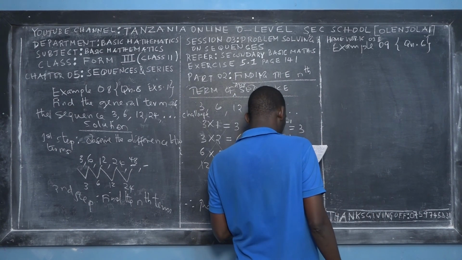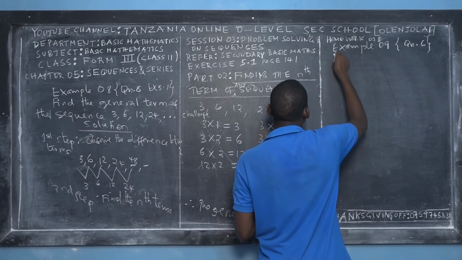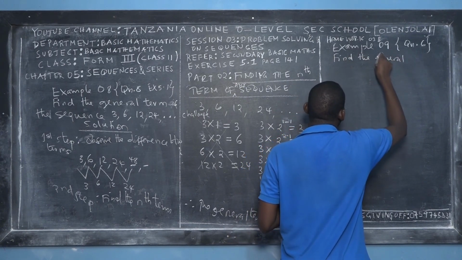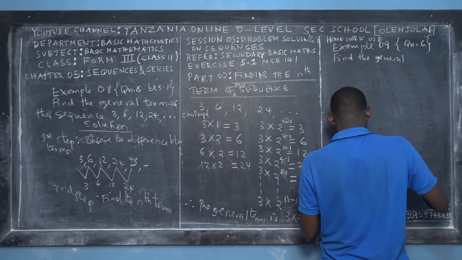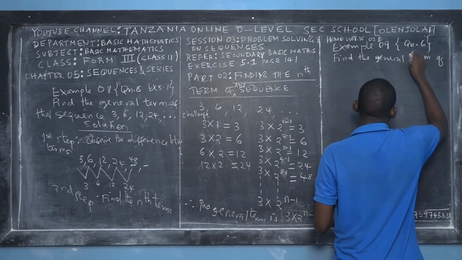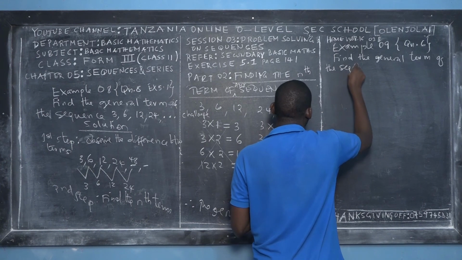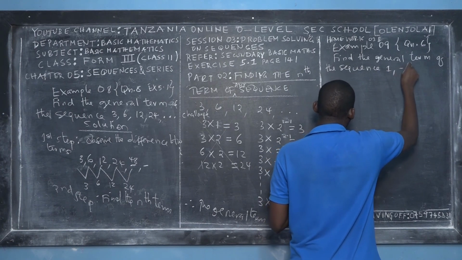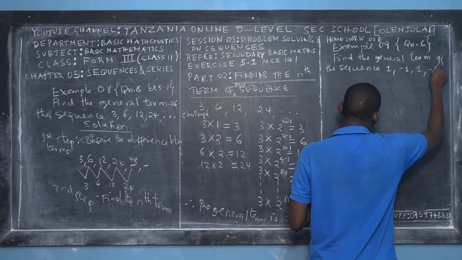So the question asks you to find the general term of the sequence 1, comma, negative 1, comma, 1, comma, negative 1.